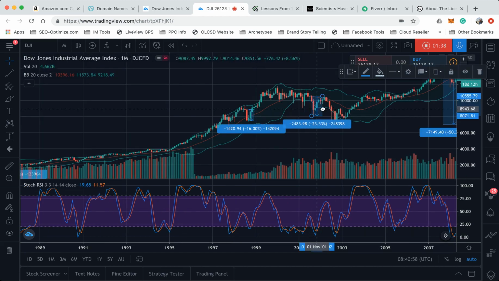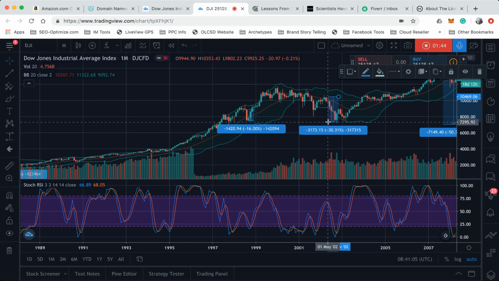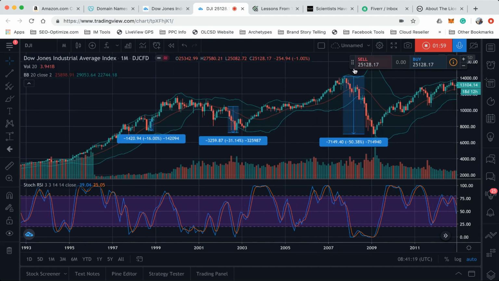Let's move this over and measure this. This one, at the low point here, is 31%, and that is May of 02. Here is 2008. 2008 is about a 50% drop in the DJI.